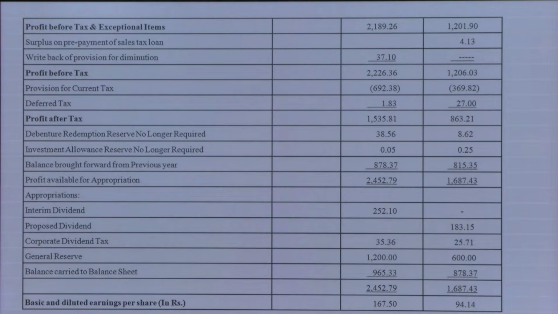It means when this profit is there, we are now adding back. The total profit before tax became 2226.36 crore. This was the profit after tax, and it includes the exceptional income also. When you include this 37.10 crores as exceptional income, it means we have paid tax at the rate of 35% on this amount also.